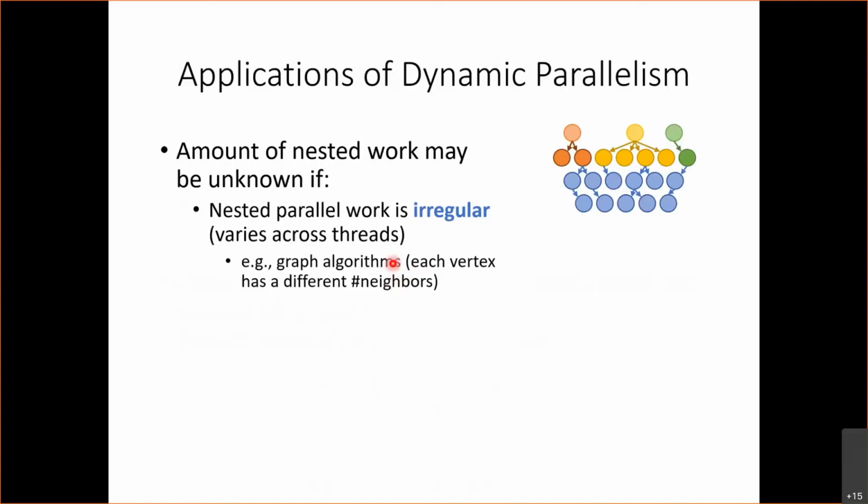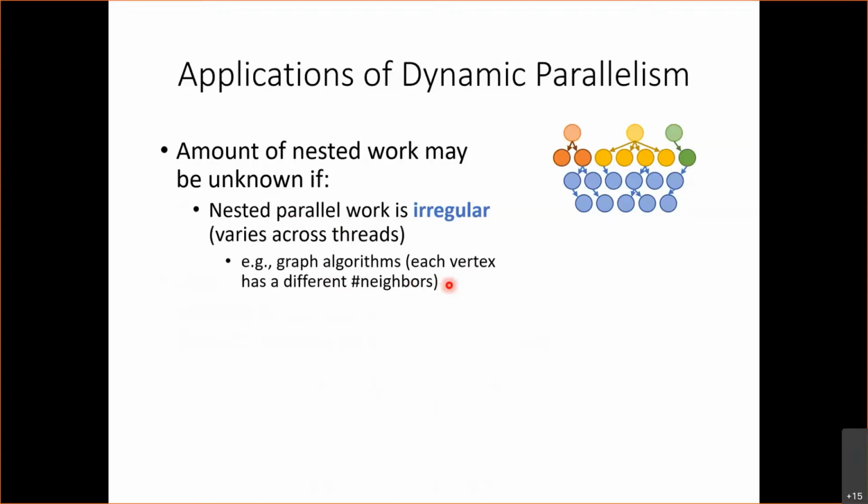But each thread might have a different number of neighbors, and therefore each thread visiting the neighbors in parallel is a form of nested parallelism. Since each thread has a different number of neighbors, each thread has a different amount of nested parallelism, and that's where we have this irregular nested work. In graph algorithms, each vertex has a different number of neighbors.